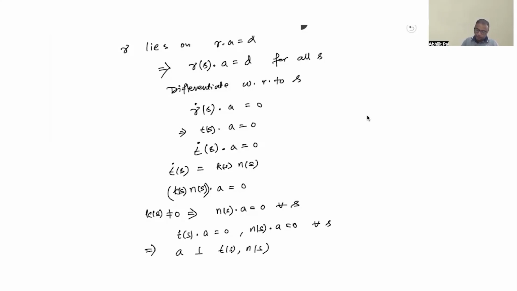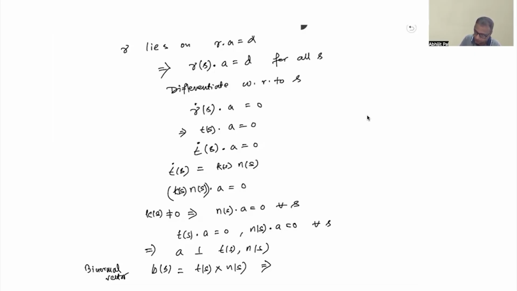Okay. So now if I take this binormal vector B(s), which is nothing but the tangent vector cross product with the normal vector, because A is orthogonal to both the tangent vector and normal vector, and A is also a unit vector, A will be parallel to this binormal vector B(s).